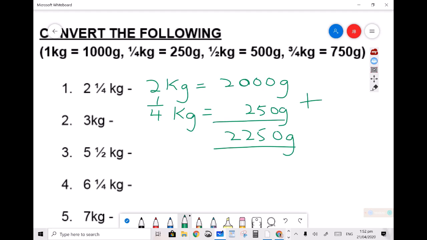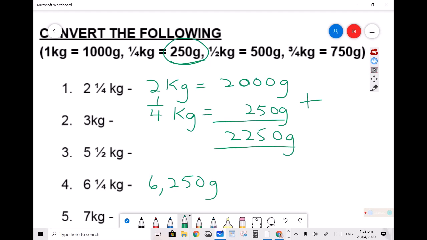Okay, so you can work it out like this, and if you memorize your conversion and you understand the system in which it works, for number 4 here we have 6,250 grams. So you have the 1,000 and then you add your conversion of 250 grams. So that will be easier as well.